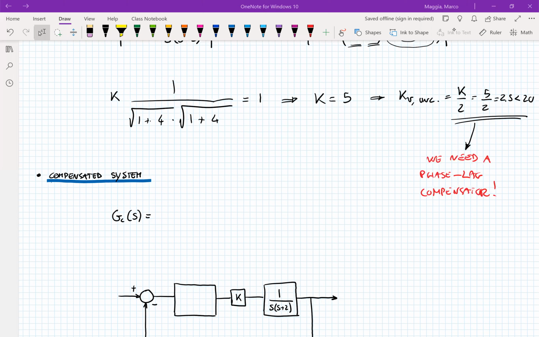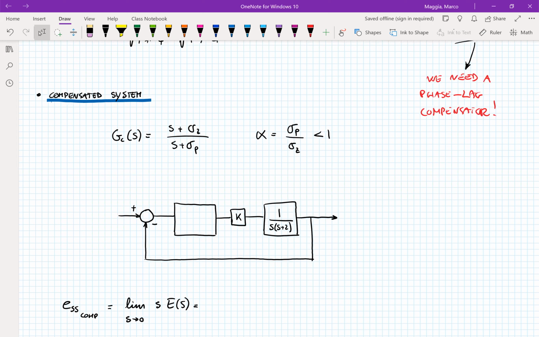As usual, we choose a compensator in the form of s plus sigma z over s plus sigma p. Now, since we want a lag compensator, we know that the ratio between sigma p and sigma z, that is what we called alpha, must be less than 1.